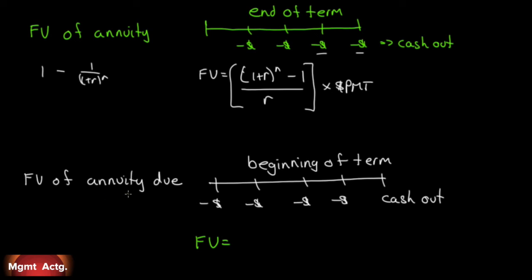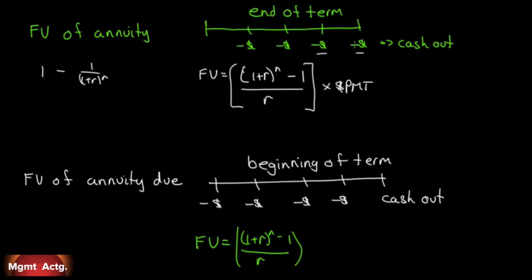But what's the future value of an annuity due, where cash flows leave at the beginning of each month? Well, it's not that difficult to do. It's the same 1 plus r to the n minus 1 over r. And since we're getting at the beginning of the term, by the time you get to the end of the term, notice that these 4 are these 4. They're the same thing.